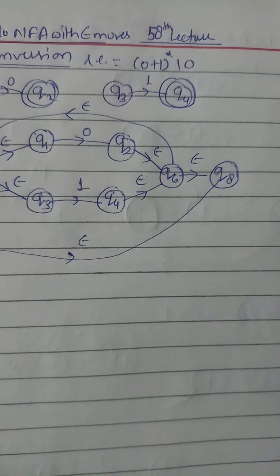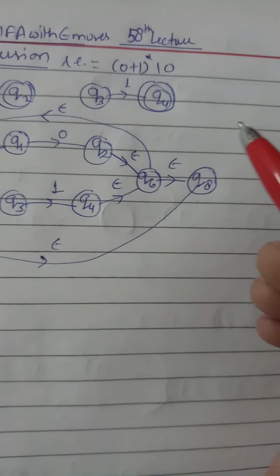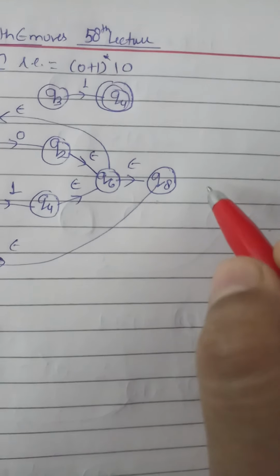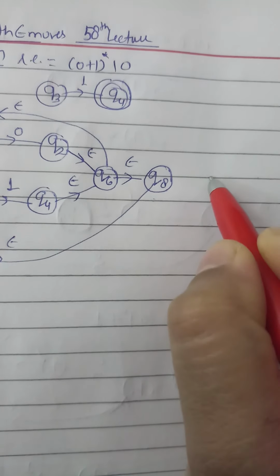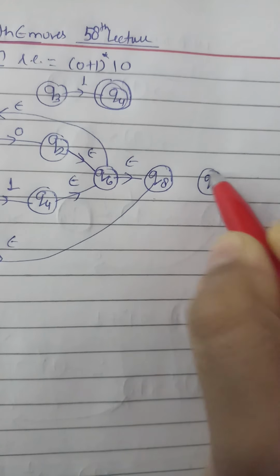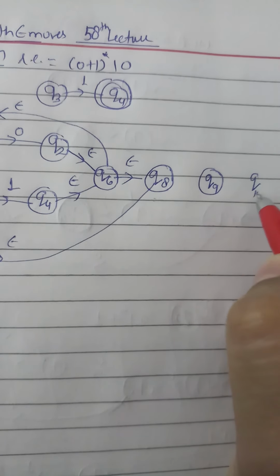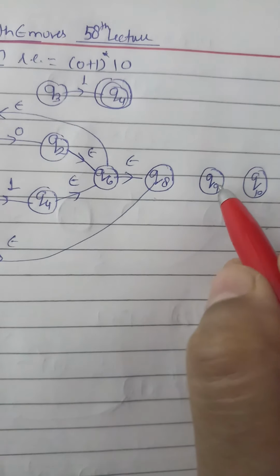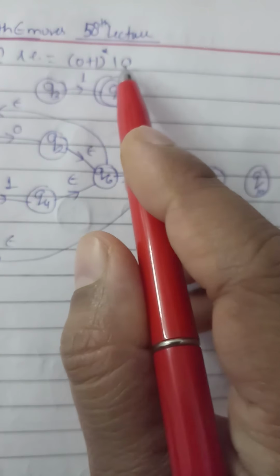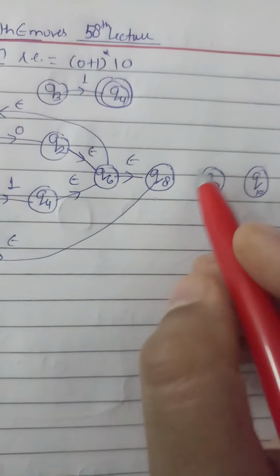Now we can add 1 and 0 from here. We add another state here, Q9 and Q10, with which we need to add 1 and 0. First we add 1.